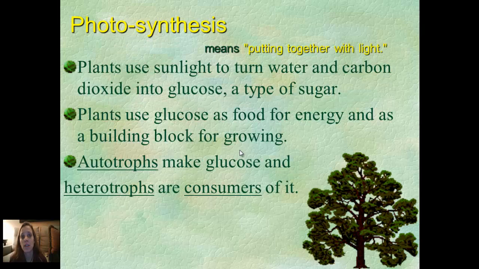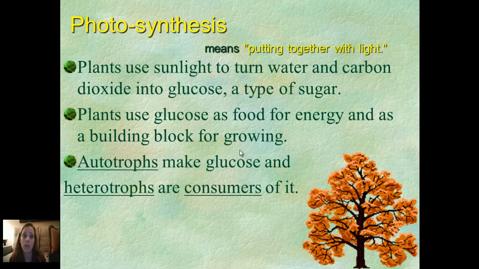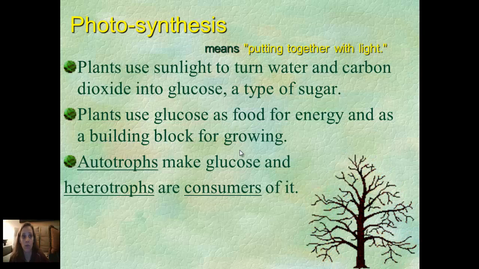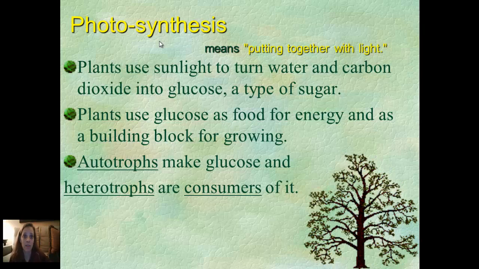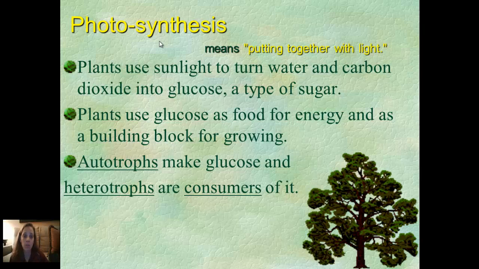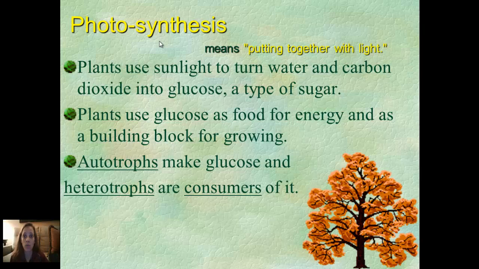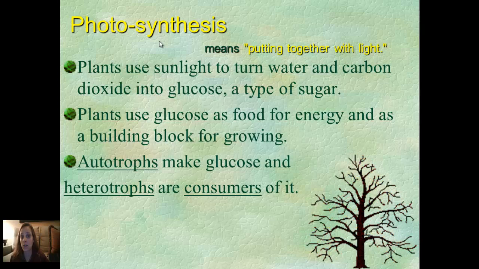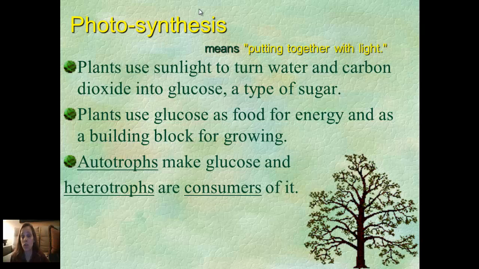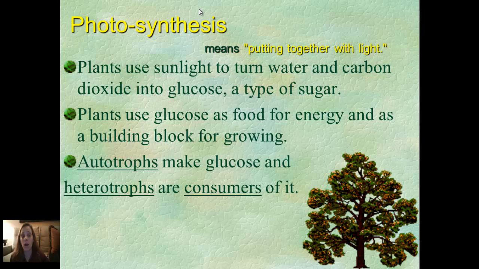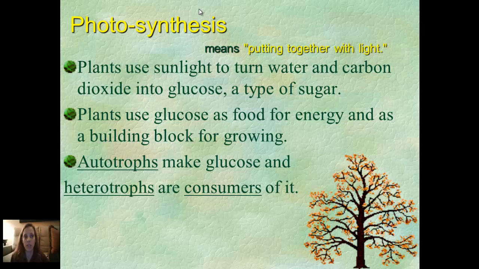Alright, so photosynthesis literally means putting together with light. So photo being light, synthesis means to create. So plants use sunlight to turn water and carbon dioxide into glucose, which is a type of sugar, a type of energy for all of the organisms that eat plants.